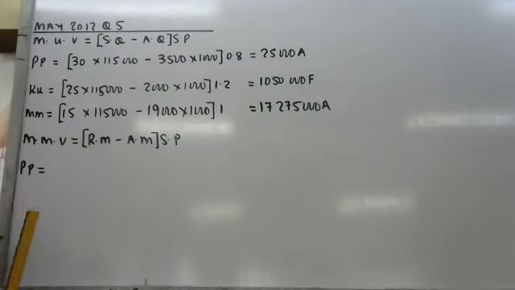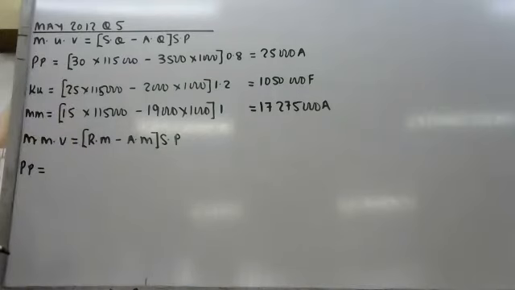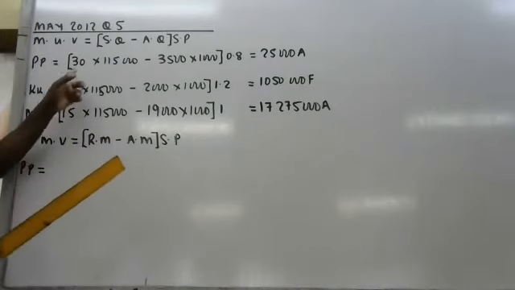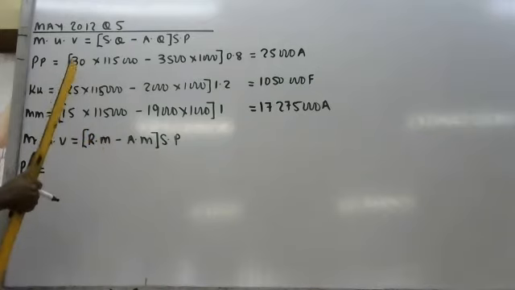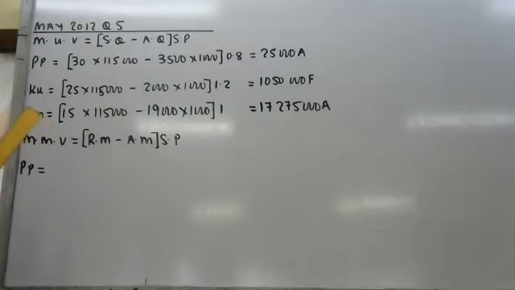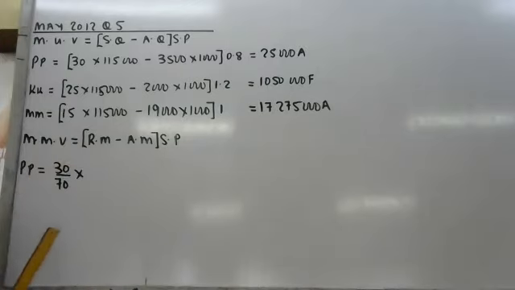And I told you when it comes to mix, you get these original standards. So give me 30 plus 25 plus 15, which is 70. So that means PP was to bring 30 in a total of 70.